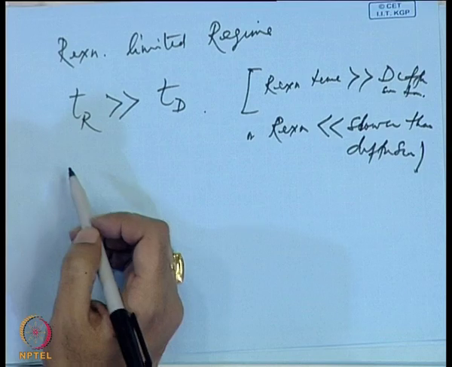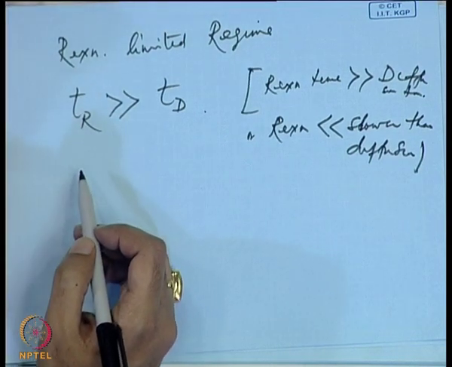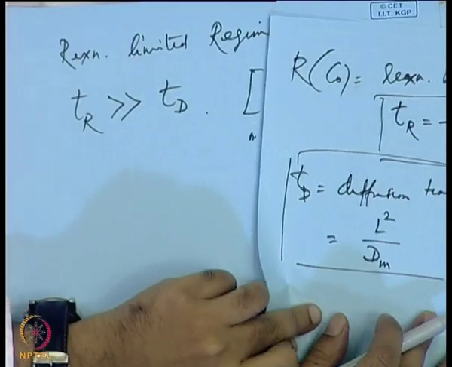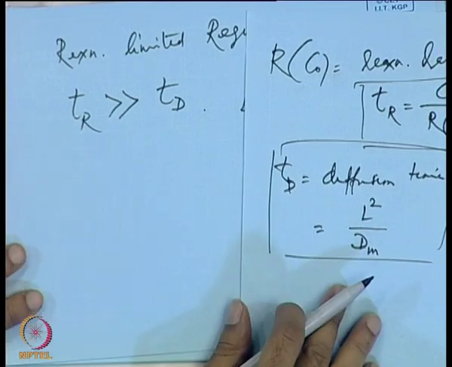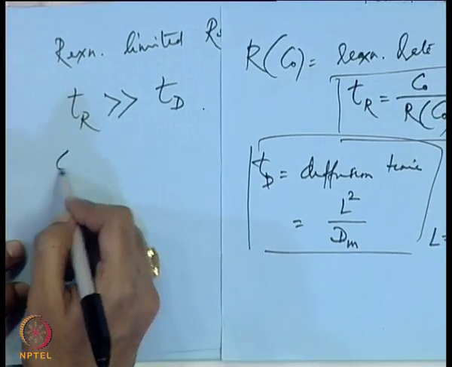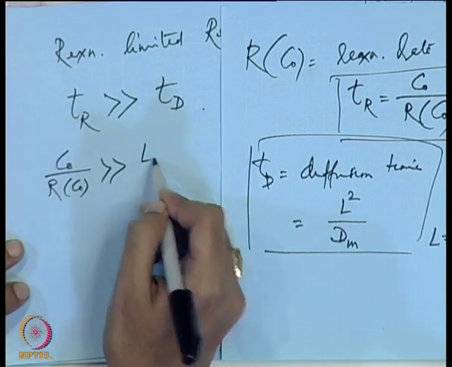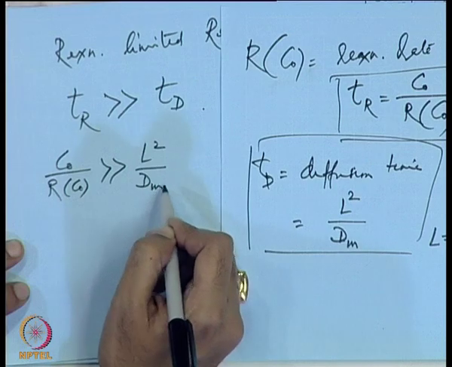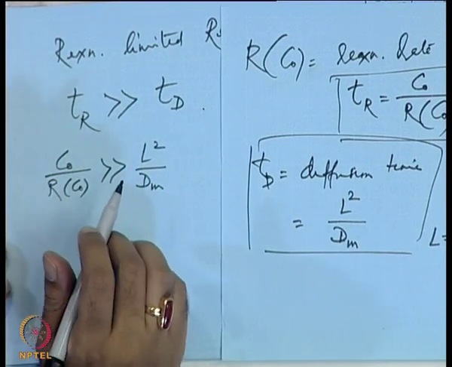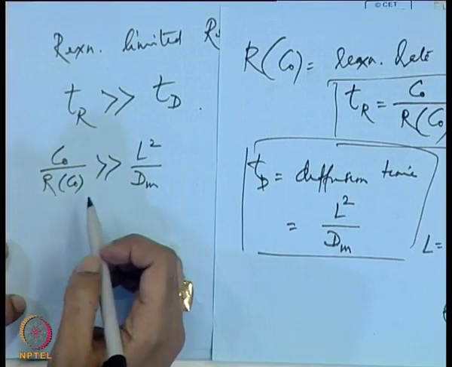So, if I put it over here, what I got, okay, what I got here. So, C naught over R C naught much greater than L square over dm. Okay. Fine.